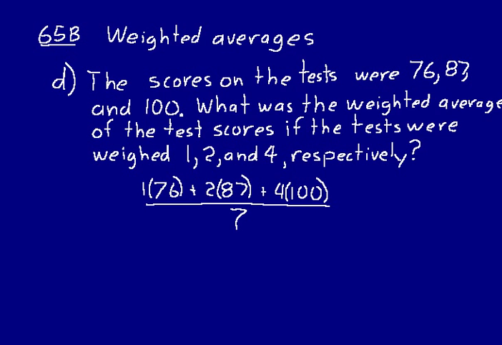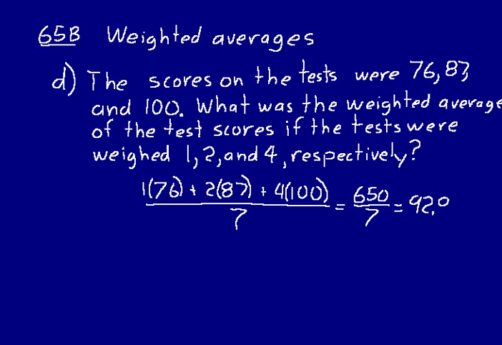If we do the math, 1 times 76 plus 2 times 87, which is 174, plus 400, gives us 650 over 7. We divide 650 by 7 to figure out the weighted average, which is 92.9 rounded to 1 decimal place.